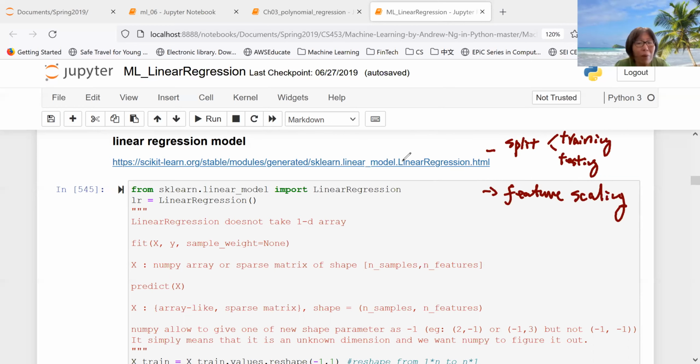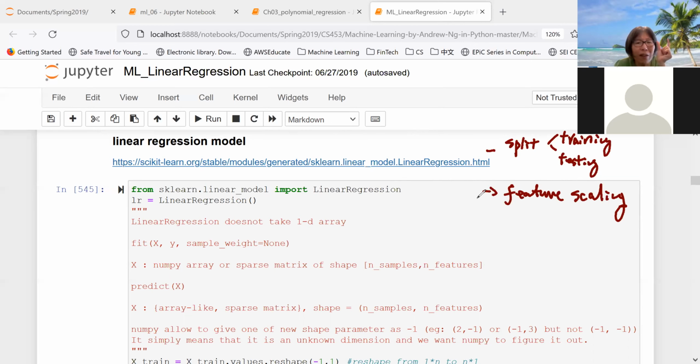Over here, if you recall, the data sizes are pretty much in the same scaling range, so we skip that step. Then we directly move to model training.